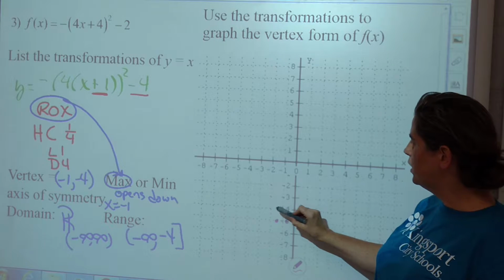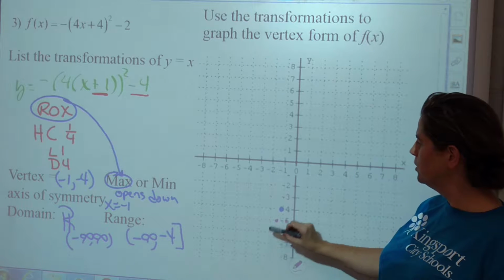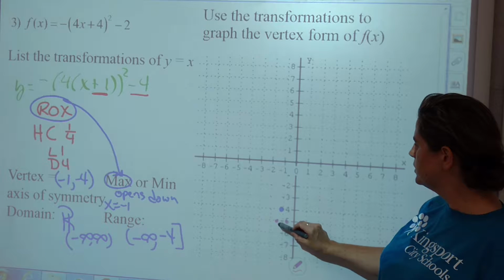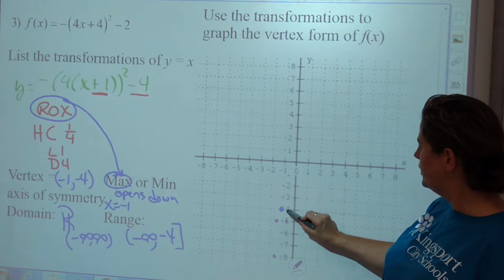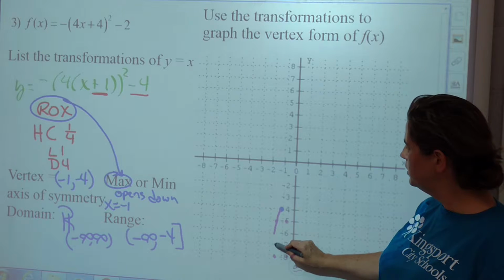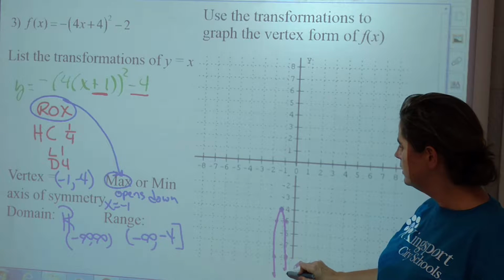In order to go over 2, down 4, we only go 1/4 of 2, which is a half, but we still go 1, 2, 3, 4 down. And half of the way down 4. This is going to be one very skinny little parabola, right?